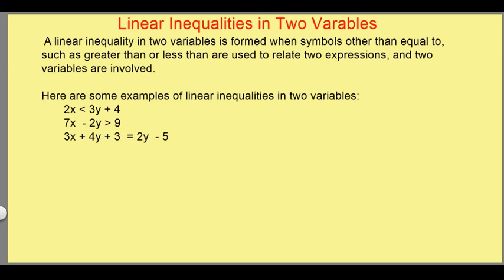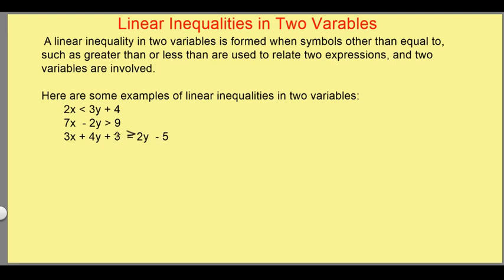Examples of that are what we have here: 2x less than 3y plus 4, 7x minus 2y greater than 9, 3x plus 4y plus 3 greater than or equals to 2y minus 5.